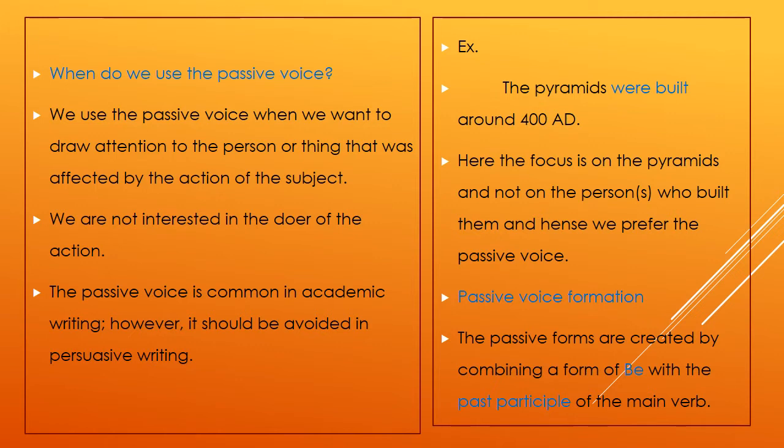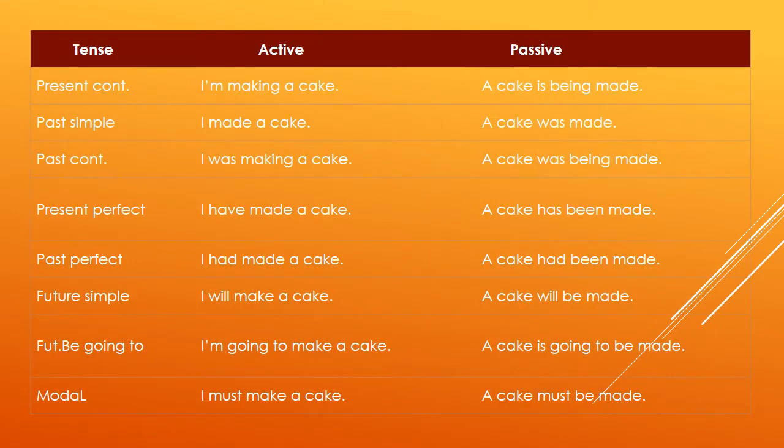Passive voice formation. The passive forms are created by combining a form of be with the past participle of the main verb. Here we have a table where we are going to see the changes of the sentences from the active into the passive voice using different tenses.